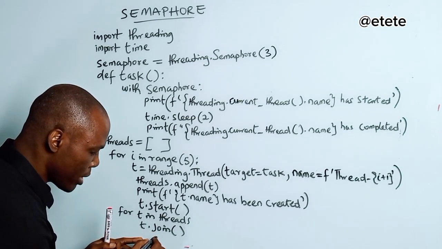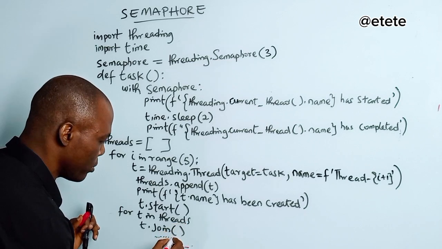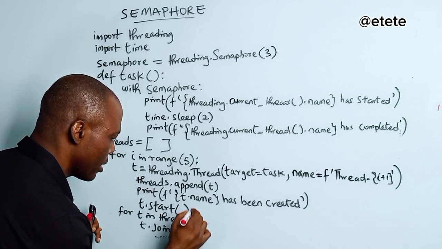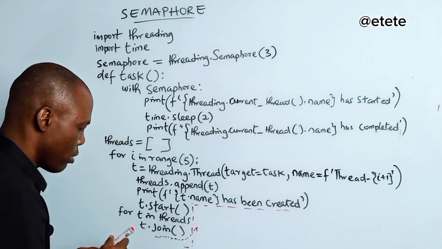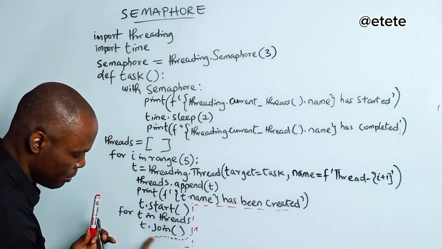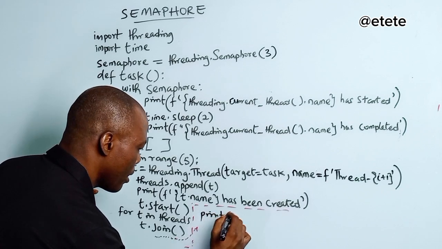Now, what should be under this place? What should be under this for loop is what I want to write here. I'll say print, right?